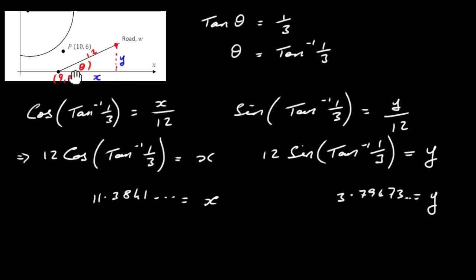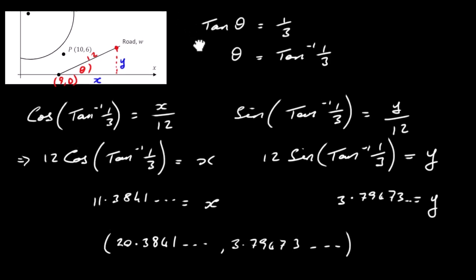I've got to add another 9. Remember, we're out here at 9, and I've just worked out the x, so we've got to add x to 9. So the x-coordinate will be 11.3841 plus 9, which is 20.3841, and so on. And my y-coordinate will be 3.79473, and so on. They're my coordinates there.